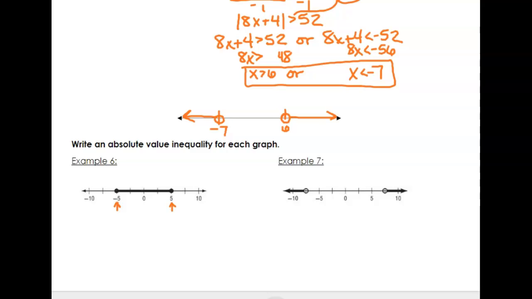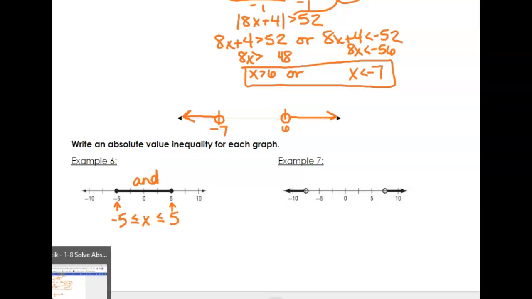It also has closed points. So that tells me that the inequality should look like this. It's shaded inside, that means AND. That means compound inequality. Here are my two boundaries, and the OR equal to because the points are closed.